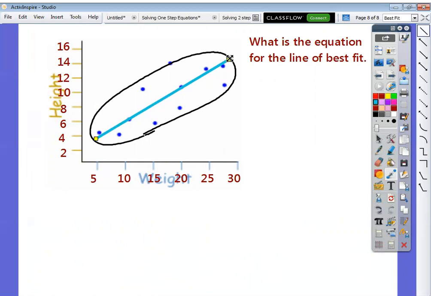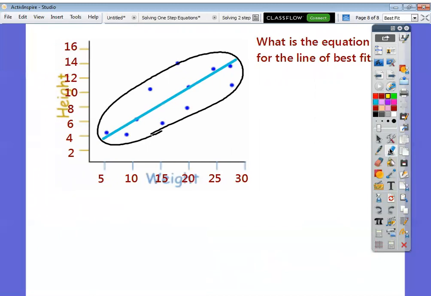Now my job is to pick 2 good coordinates. I think that's a pretty good coordinate, and it looks like it is about 20, maybe 11.